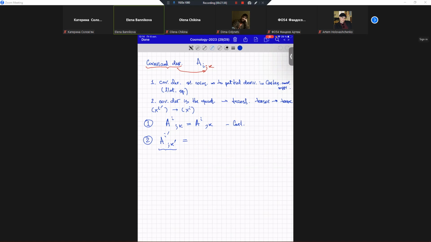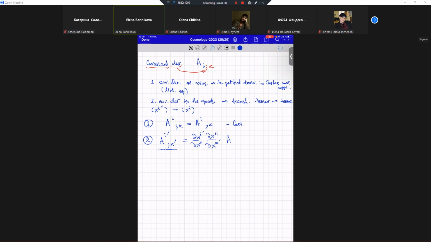One index is top, so we need to put it here, and the second index bottom, k prime, and in this case I need to put the summation indexes. So I put here m and here n, and after this I need to put indexes here.